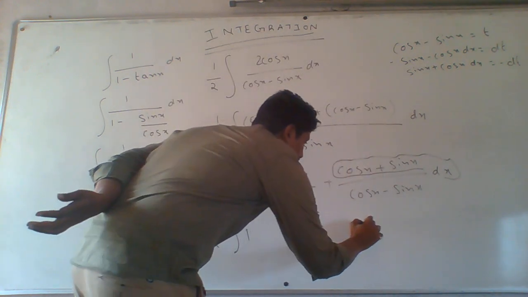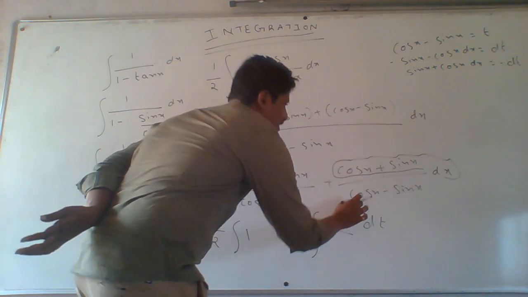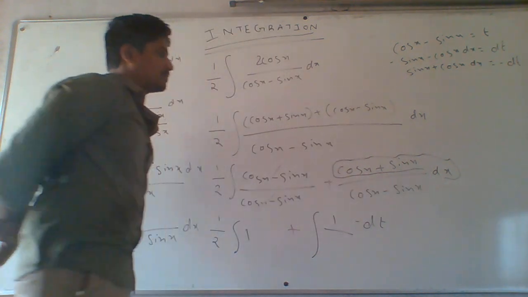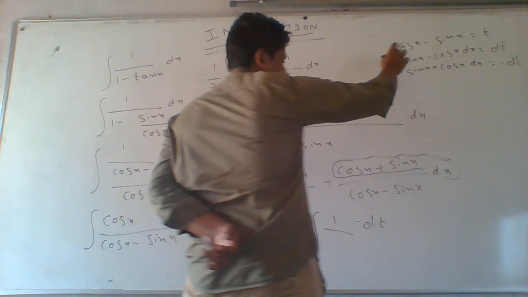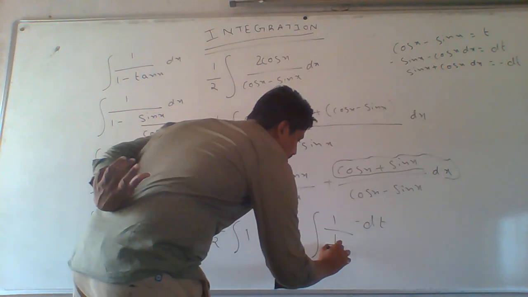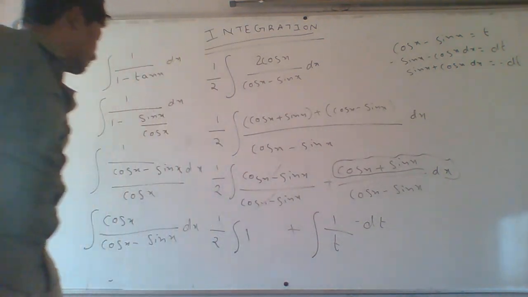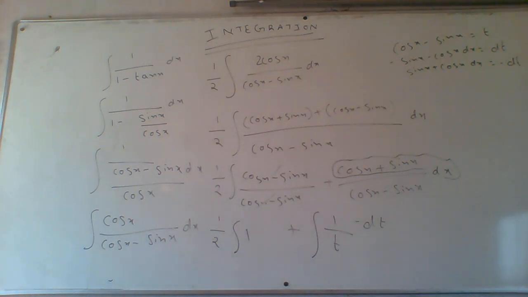In the place of cos x minus sin x, we can put t. See the steps carefully.